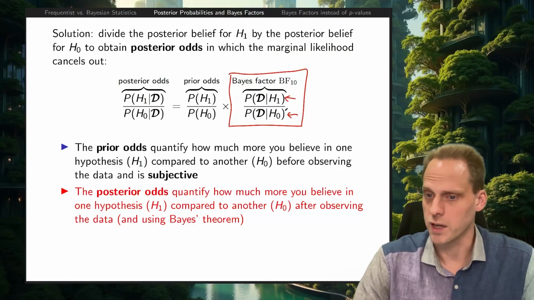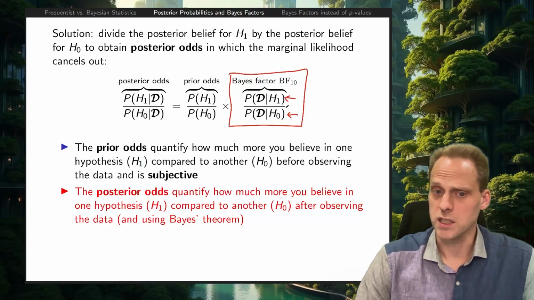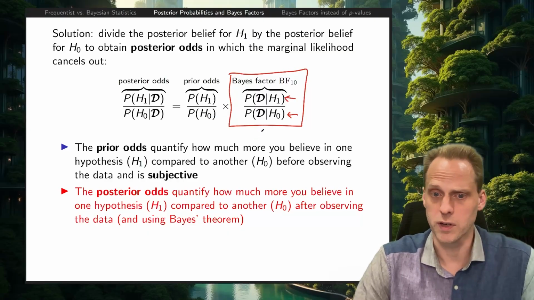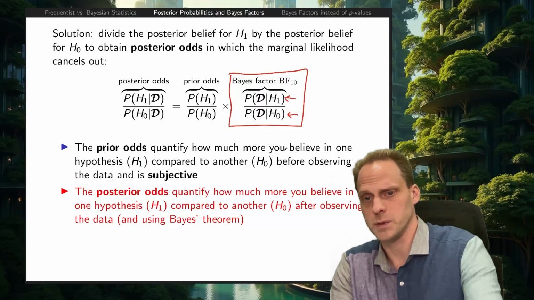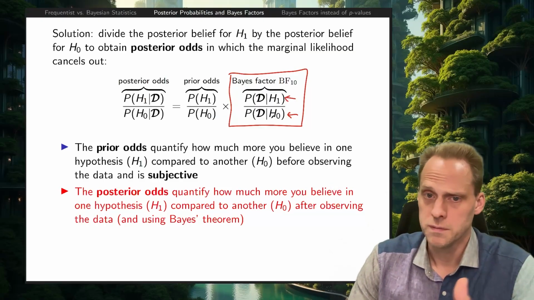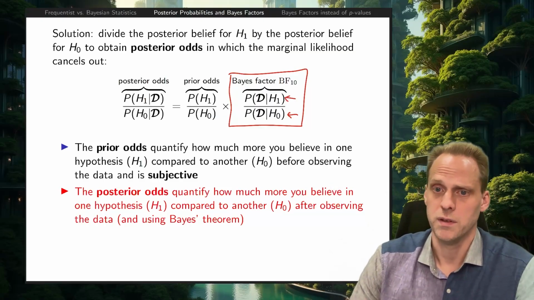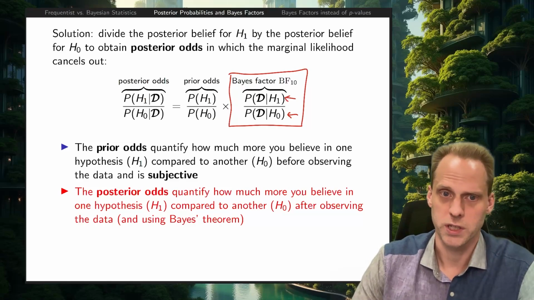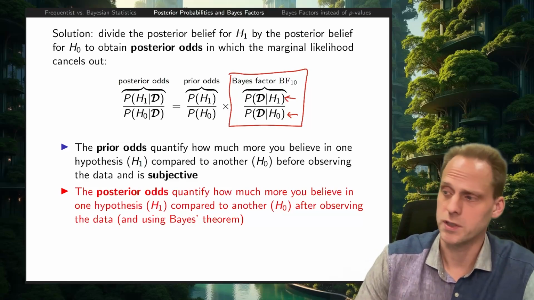The ratio of these two likelihoods. The nice thing is that this is objective. It doesn't rely on this subjective degree of belief. And it tells me, basically, how much evidence there is in favor of one hypothesis compared to another one. How much more should I believe in one hypothesis after seeing the data?